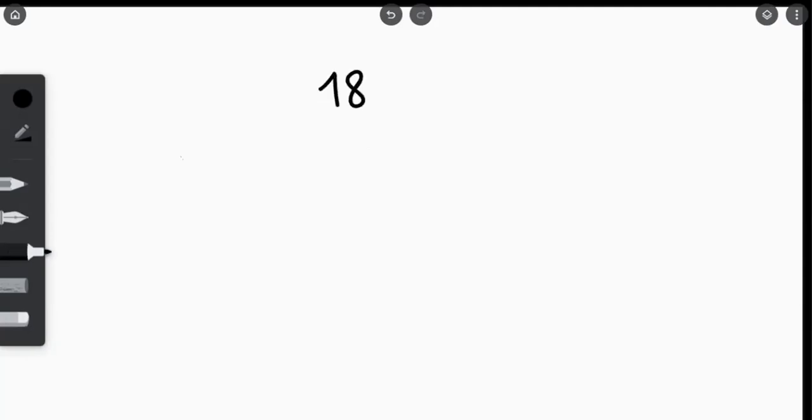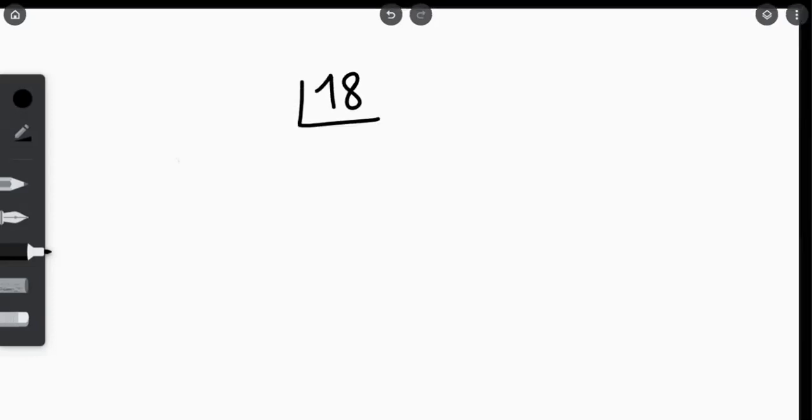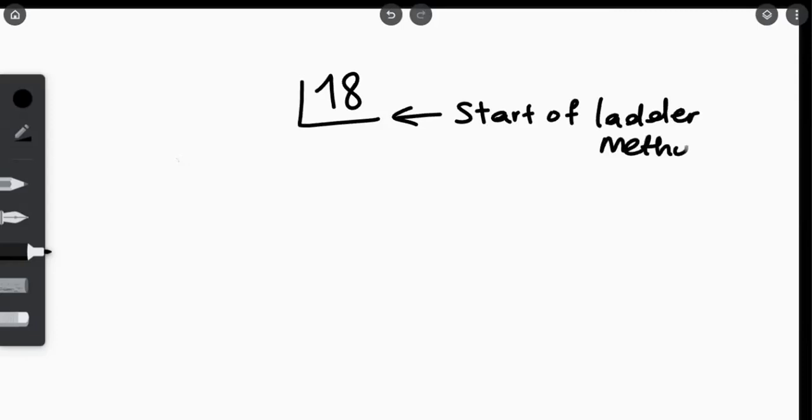If I were to do the prime factorization of 18, the first thing you need to do is to do this thing here. This means the start of your ladder. Start of ladder method, you will do this.